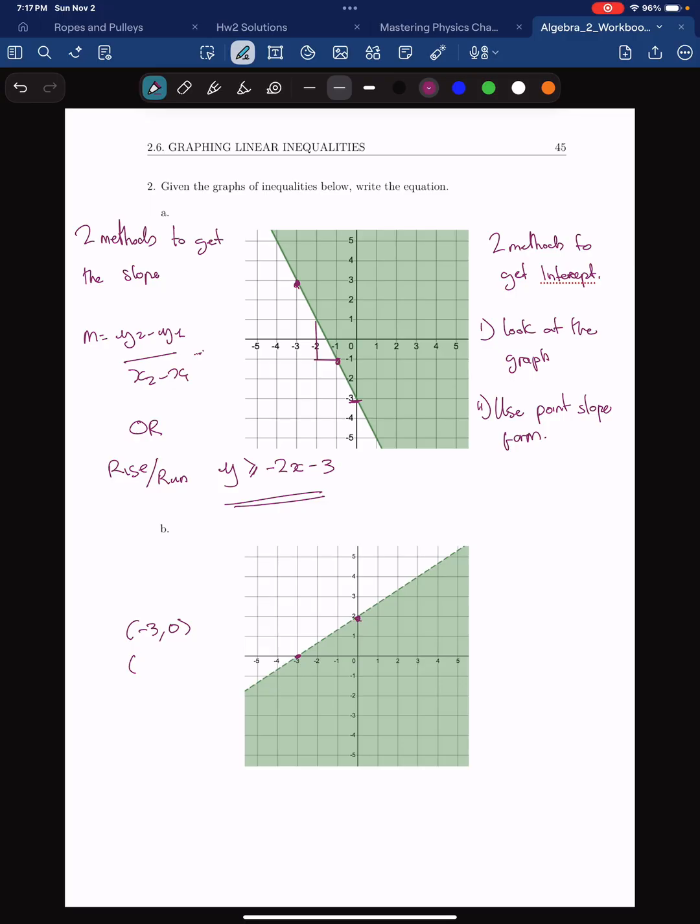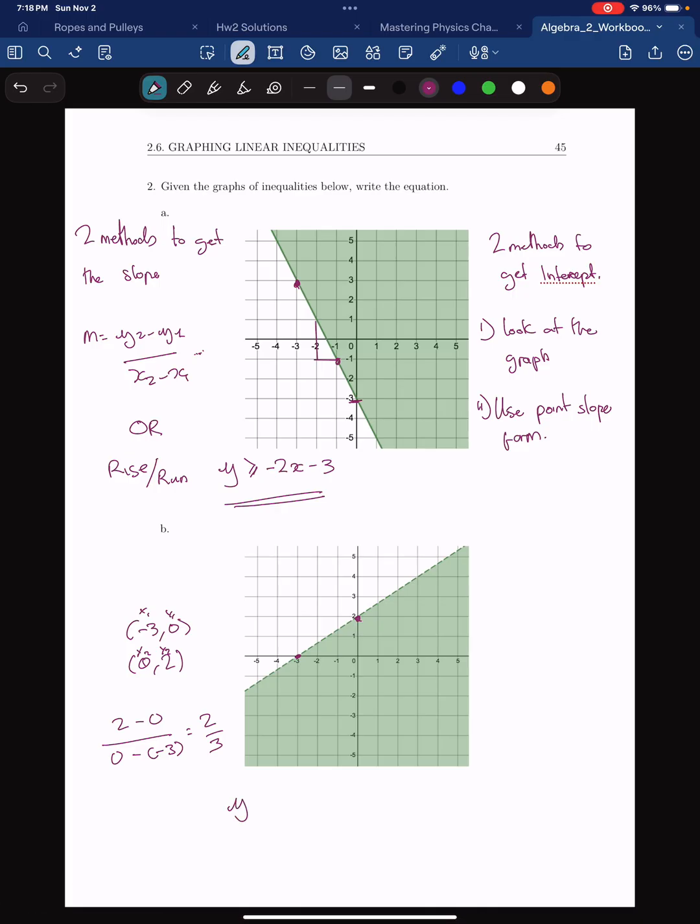A simple one: my x is 0 here, and my y is 2. So this is going to be x1, y1, x2, y2. Then I have 2 minus 0 over 0 minus negative 3. So my slope is going to be 2 over 3. So now I have my slope.